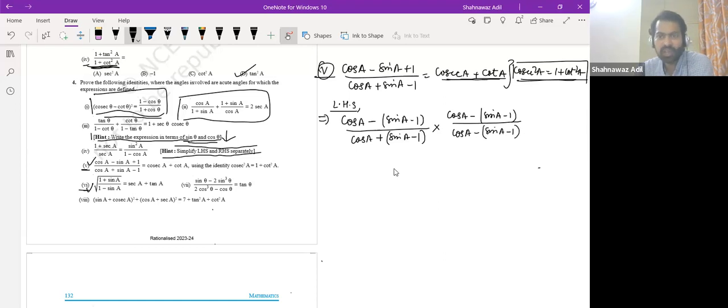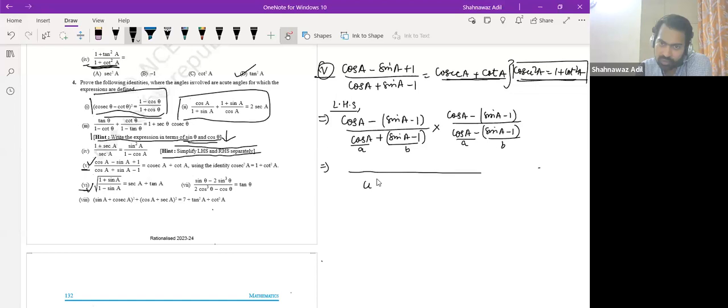So this is what we multiply. And then what do we get in the denominator? What is this identity? a plus b into a minus b. So cos square A minus the bracket sin A minus 1 the whole square. Good, so this is the denominator part.